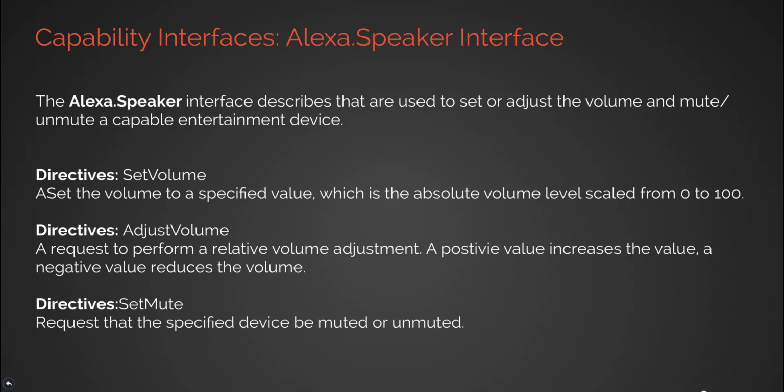You can also mute the speaker if you need to, and there is an additional directive that supports muting the channel, and that is where we would use this interface. Overall, I think these interfaces are easier to understand because we listen to a lot of different devices, so it easily relates to everyday usage.